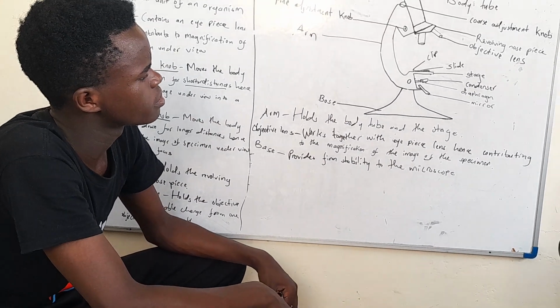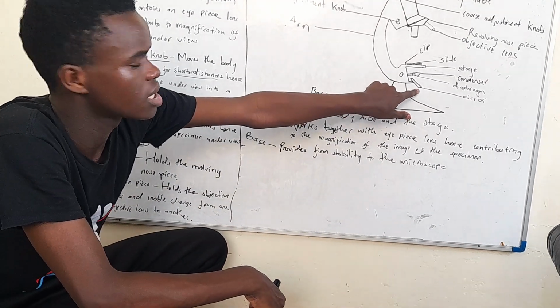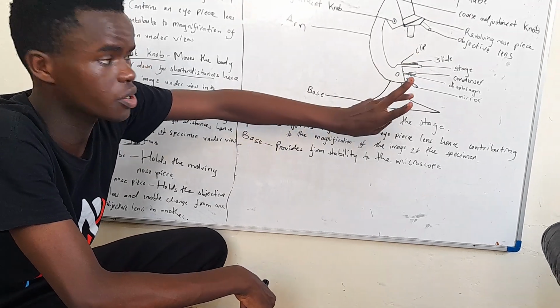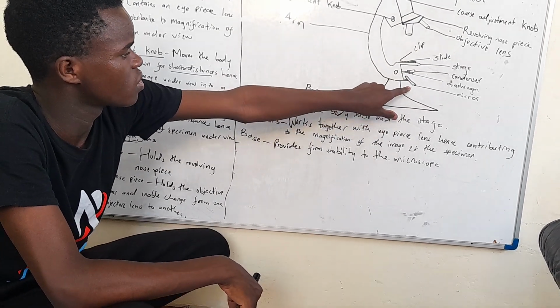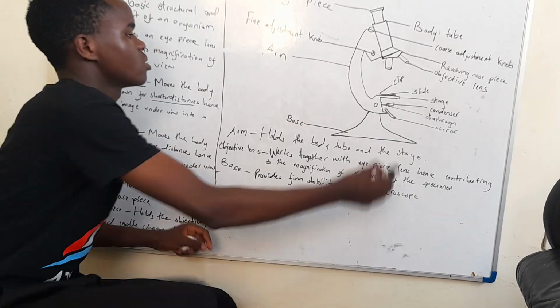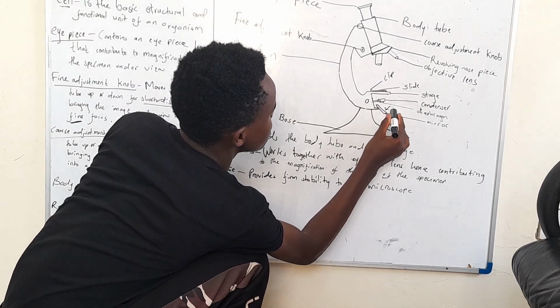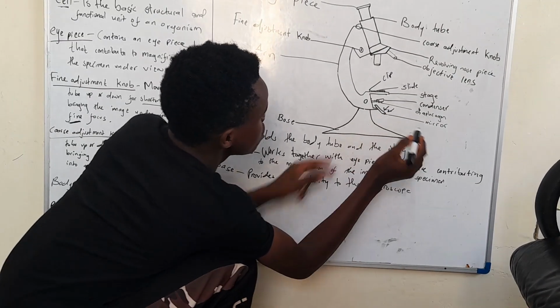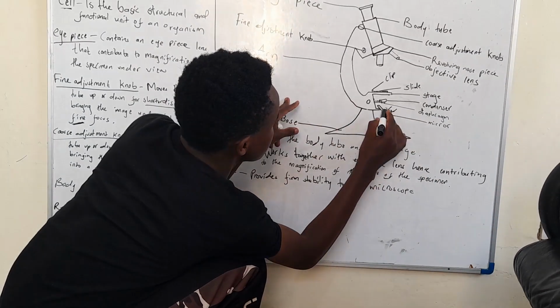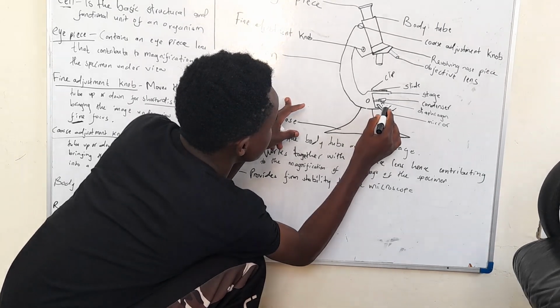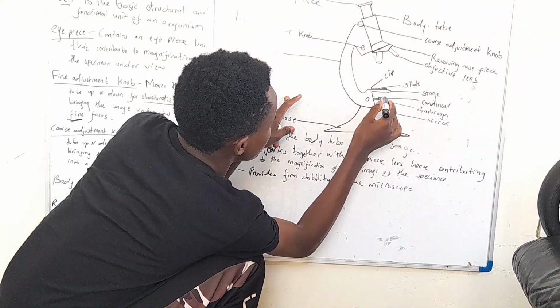Now here is the mirror. Remember I said this is a light microscope. So what's the function of a mirror? Assuming this is light, light hitting here, it reflects these light rays to here. They hit here, they bounce here.